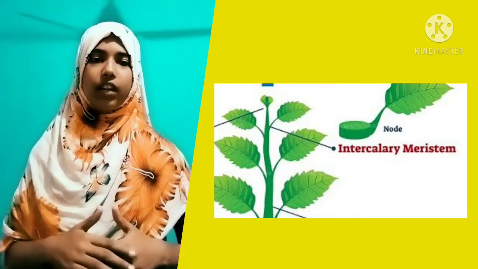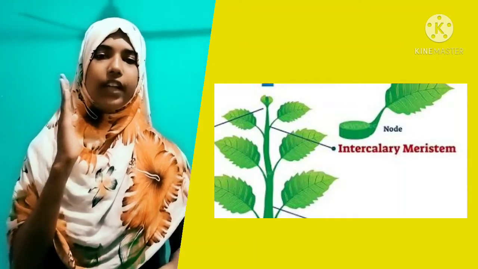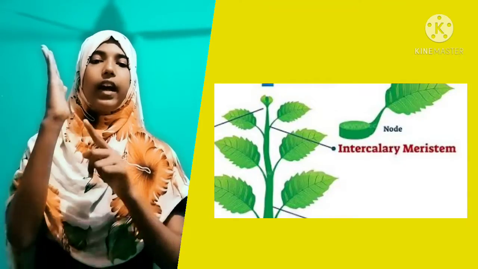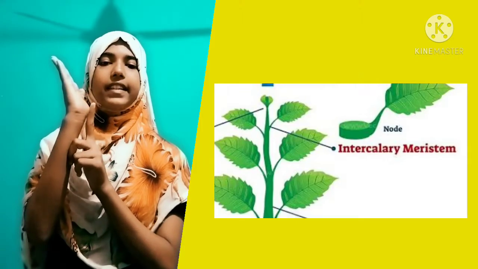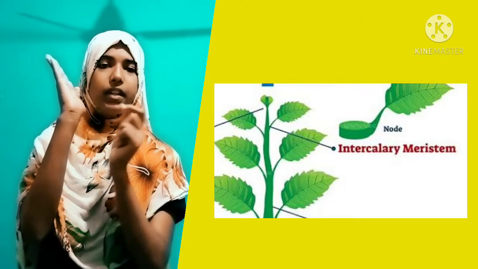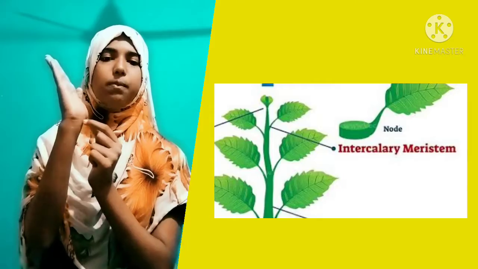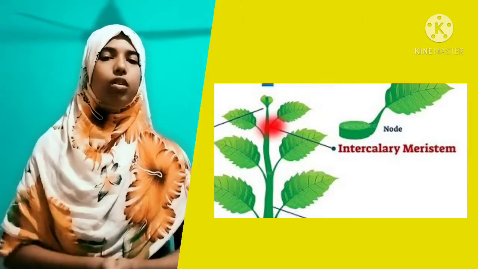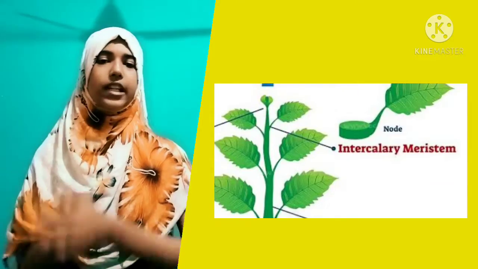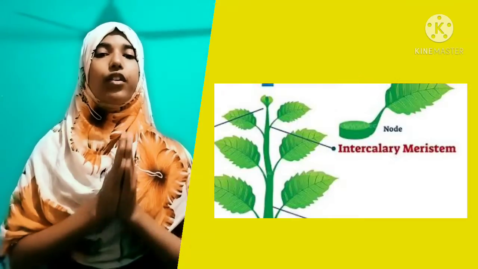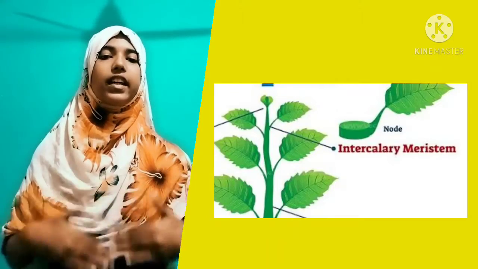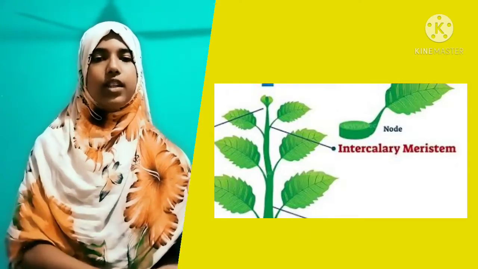For example, if this is a tree and a branch is growing like this, it means the intercalary meristem tissue is present here. So intercalary meristem tissue is present in the plants which are continuously growing branches.